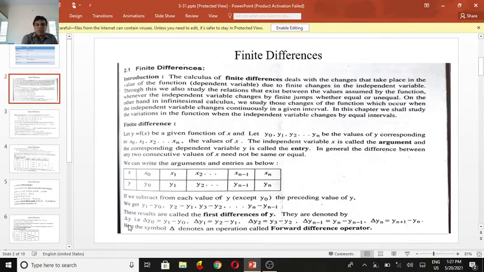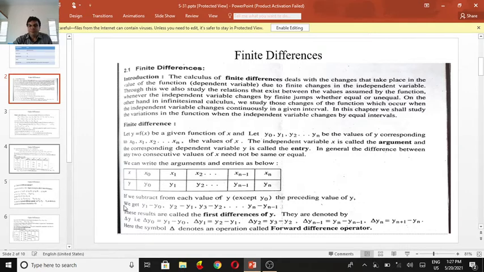Delta y0 is equal to y1 minus y0. Delta y1 is y2 minus y1. Delta y2 is y3 minus y2, and so on. Generally, delta yn minus 1 is yn minus yn minus 1, and delta yn is equal to yn plus 1 minus yn.